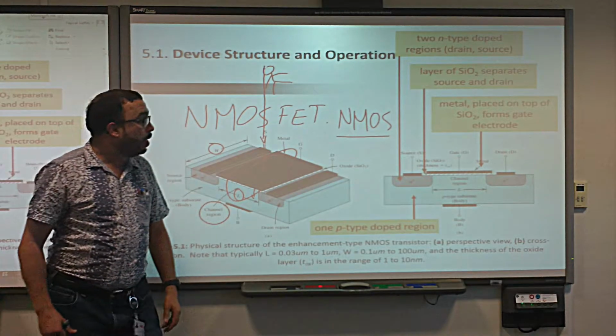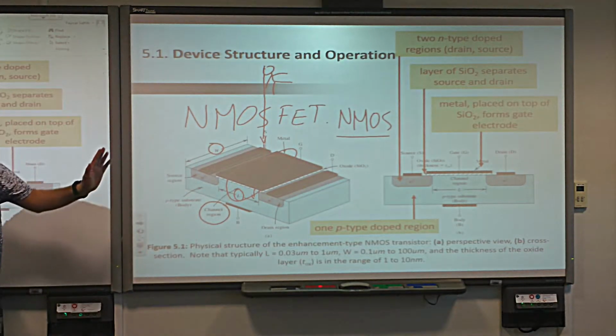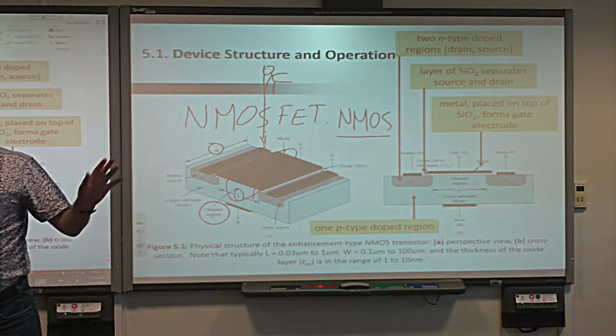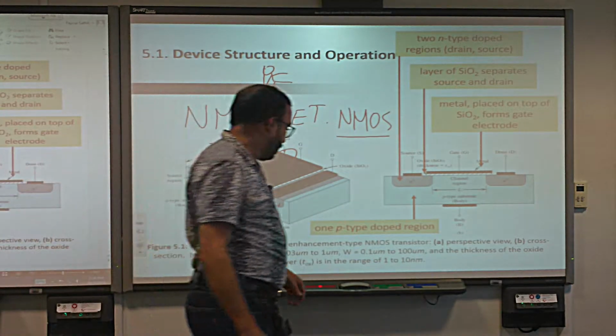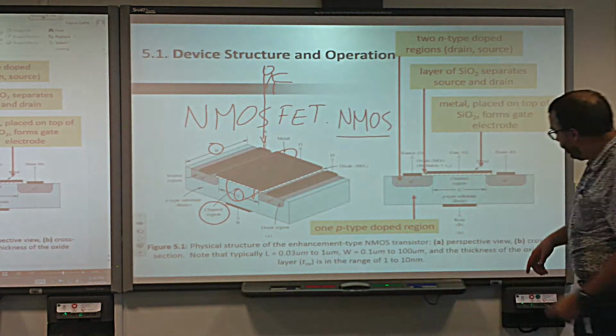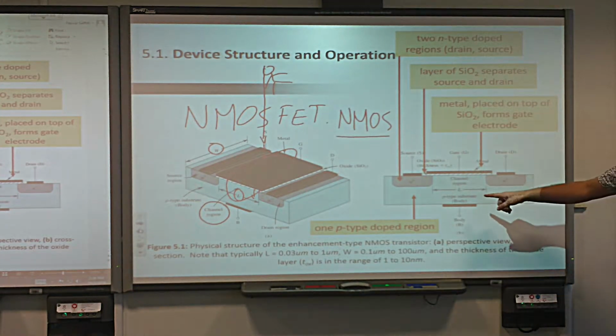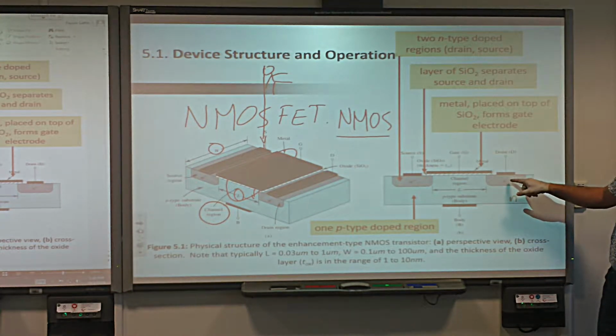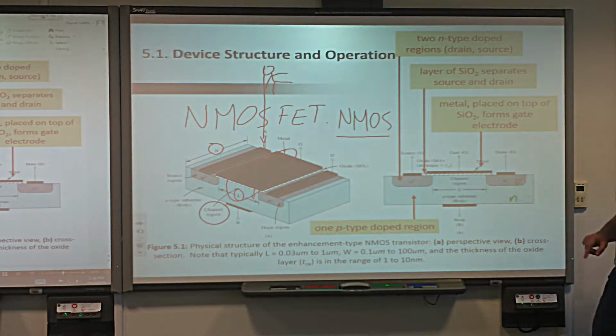Okay? Good. For PMOS, again like we did with N-type and P-type, we just flip. Right? What does it mean, flip? So instead of a P-type substrate, we will have an N-type substrate. Yes or no? And instead of an N-plus diffusion drain, we'll have a P-plus diffusion drain.